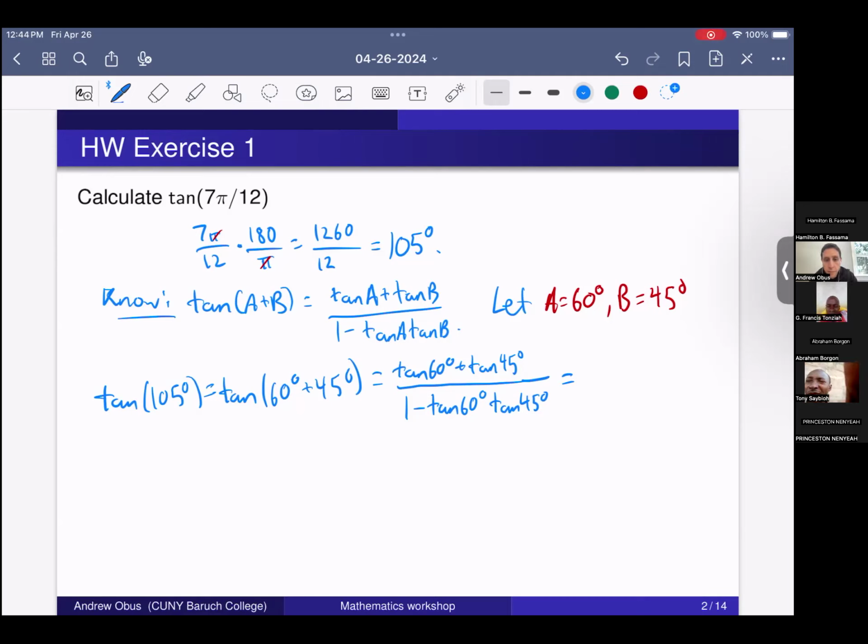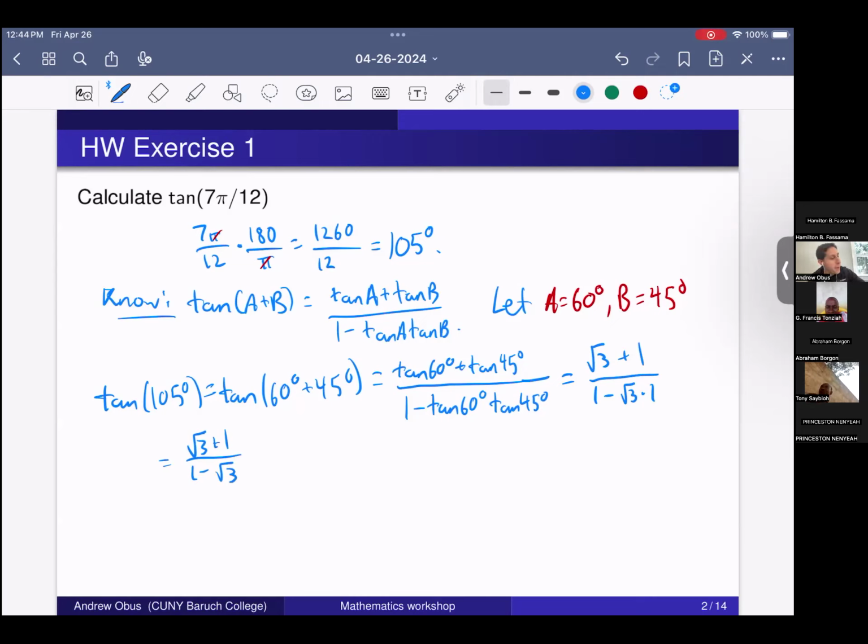Tan of 60 degrees will be root 3. Square root of 3. Great. Exactly. So square root of 3, and tangent of 45 degrees is? It's 1. Exactly. Right. So square root of 3 plus 1 divided by 1 minus square root of 3 times 1. And so this is equal to square root of 3 plus 1 over 1 minus square root of 3.